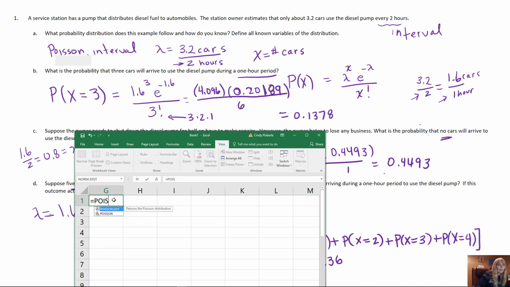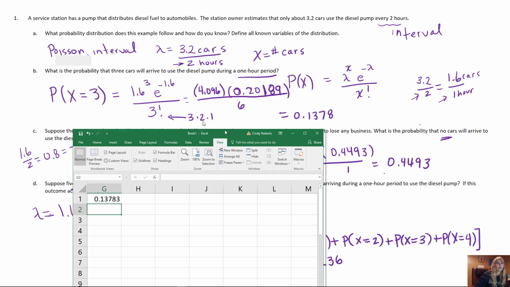So I can see it right there as soon as I start typing, and it says it wants X. Well, my X was 3, and my mean was 1.6 because that's my lambda. I want exactly that value, so false. Look at that. Winner, chicken dinner. Got that answer.